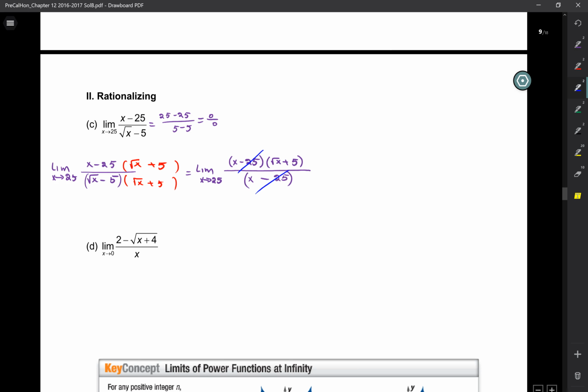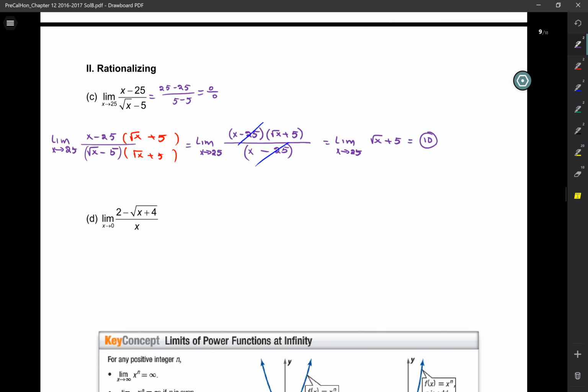You cancel the x minus 25. So this is just the limit as x approaches 25 of root x plus 5, which is equal to 10. The second you plug in the actual value, you skip the limit.